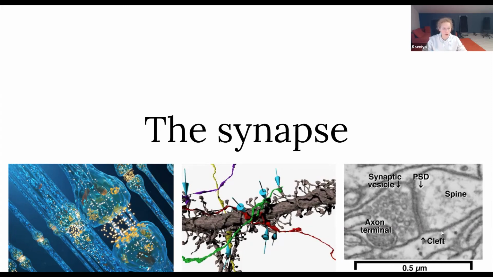On the right picture, you can see the synapse from an electron microscopic picture, and the central picture is just a computational picture. So this is a modeled neuron with many synapses here.